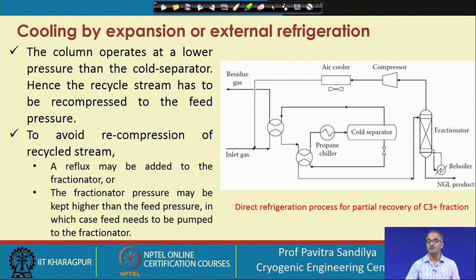So if we decide that we do not want a recompression because it will involve some work to be done on the system, then one may decide to keep the fractionator at a higher pressure so that this return stream may be sent back to the feed side without any recompression. But in that case, because it is at a higher pressure than the feed, we need to pump this feed gas from this side.